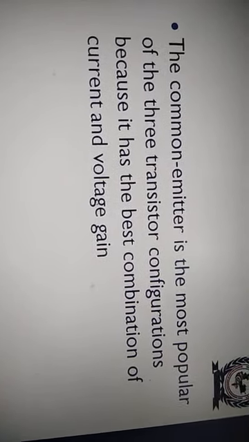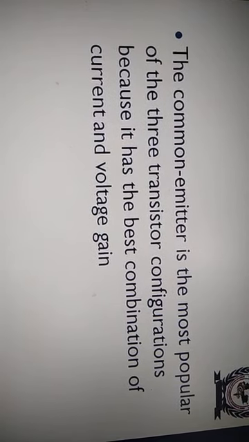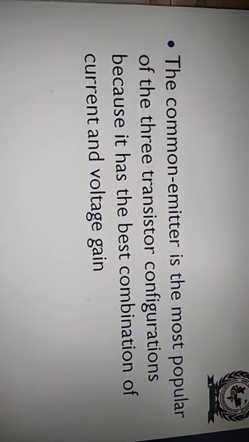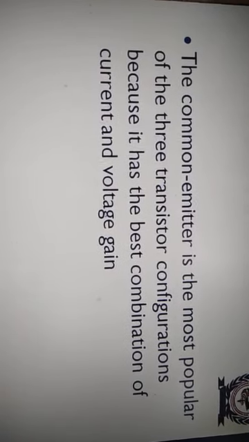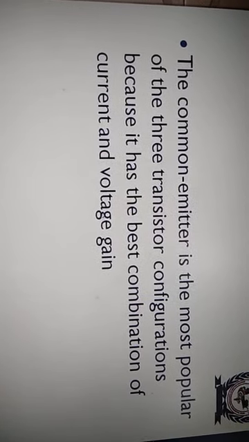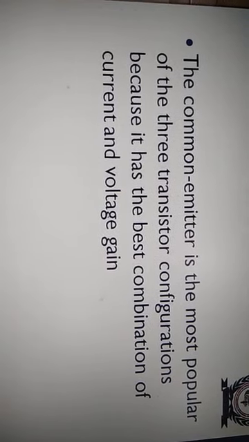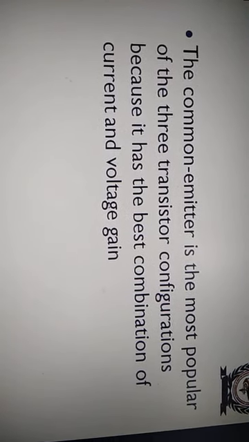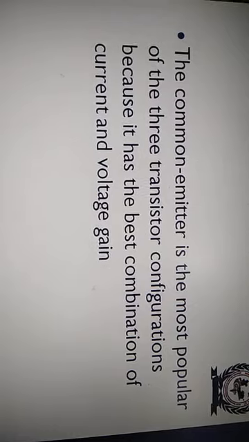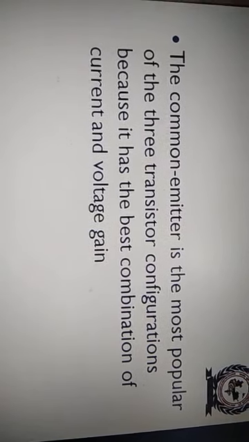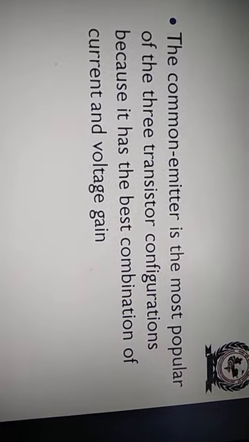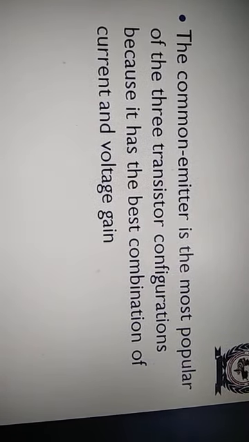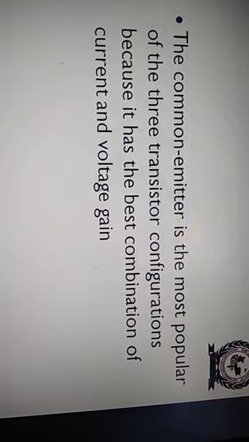But in case of common base, IC upon IE, emitter is the input, collector is the output and base is the ground, that is common. So you will get IC upon IE as alpha. This current gain alpha is always less than 1, like 0.99, 0.95, while voltage gain is moderate.